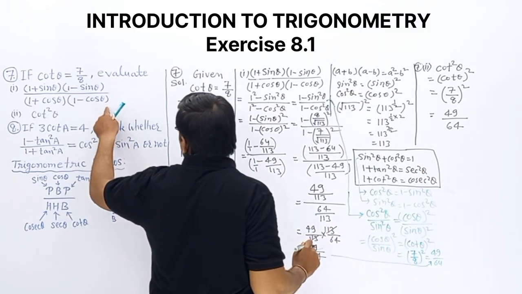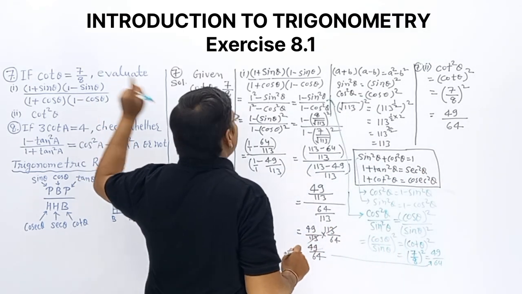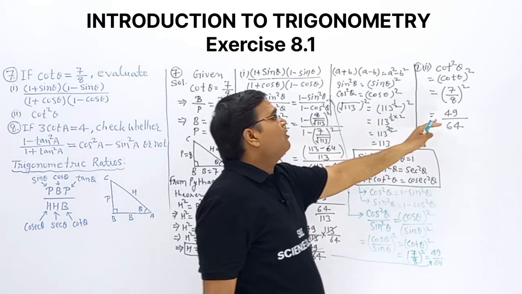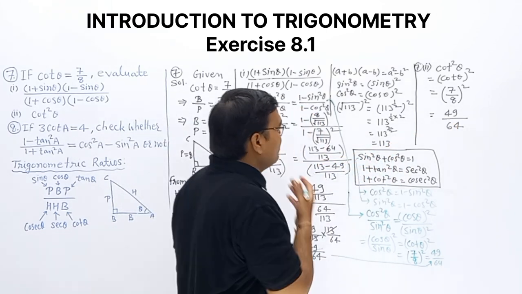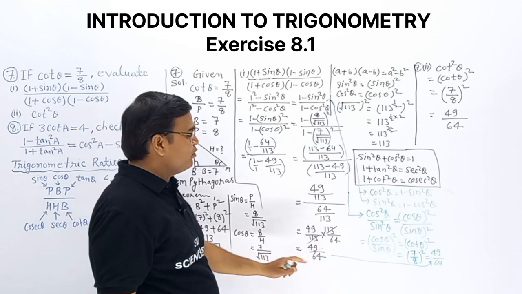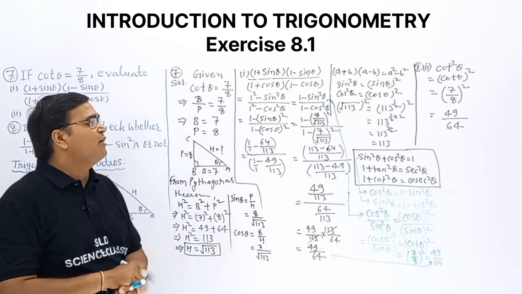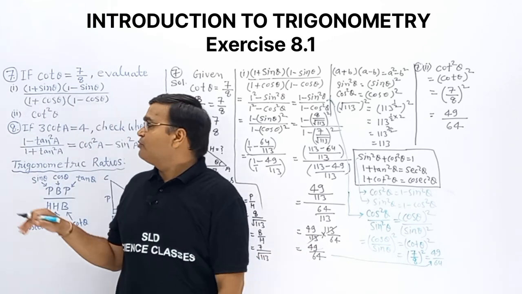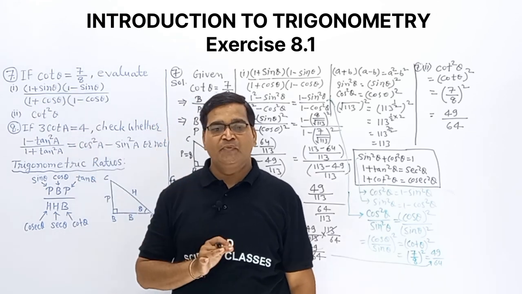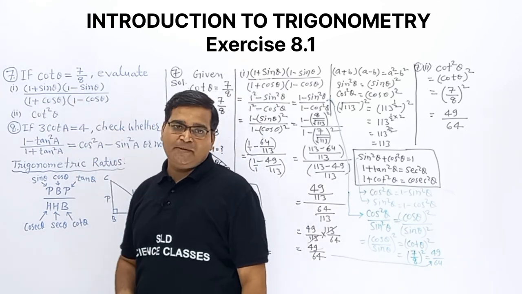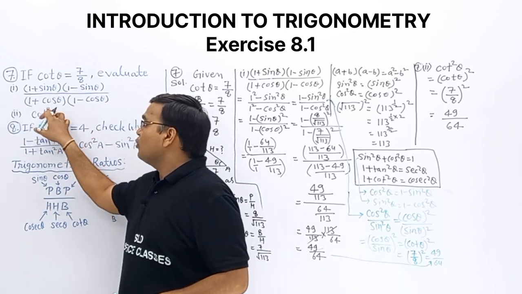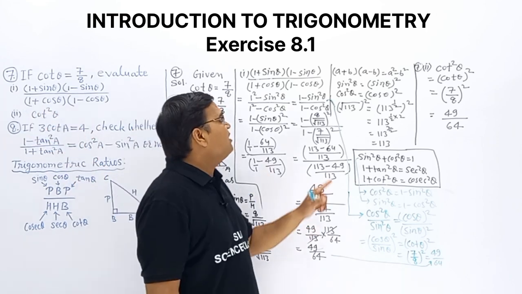Both questions, question number 1 and question number 2 of question 7, have the same answer. This one is 49 upon 64, and this one is also 49 upon 64. Observe, in question number 7, we have one ratio to evaluate. In the second one, we have cot square theta.